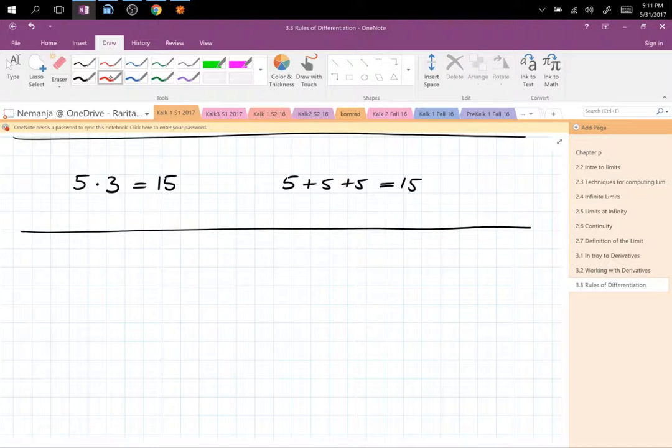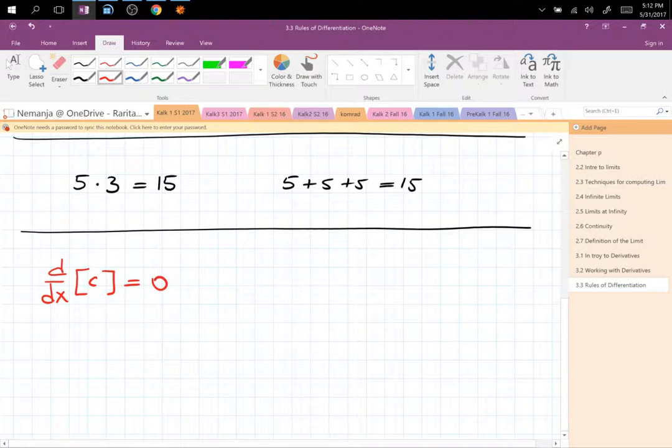The first one we study with the Leibniz notation now is that the derivative of a constant is 0. So this over here you read as the derivative. There is actually a multiplication symbol that we don't write here, which you read as of, and then this is a constant.